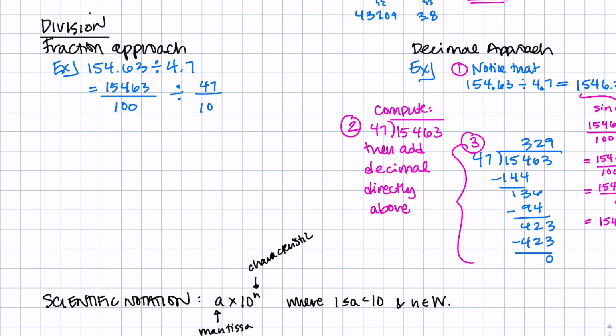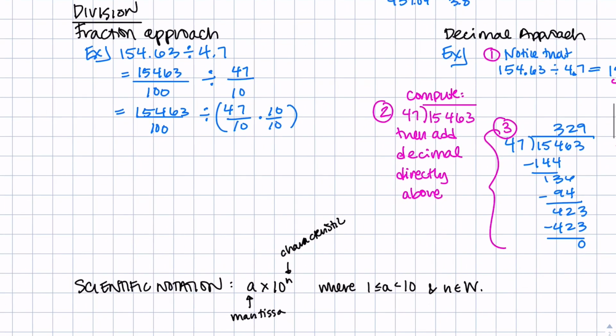I think it helps us possibly motivate our algorithm a little bit nicer. So getting a common denominator, our common denominator should be 100. So I'm going to multiply this 47 over 10 by 10 over 10. So now this is 470 over 100.